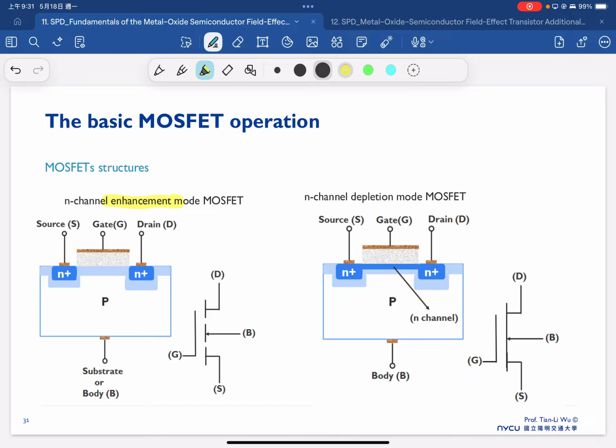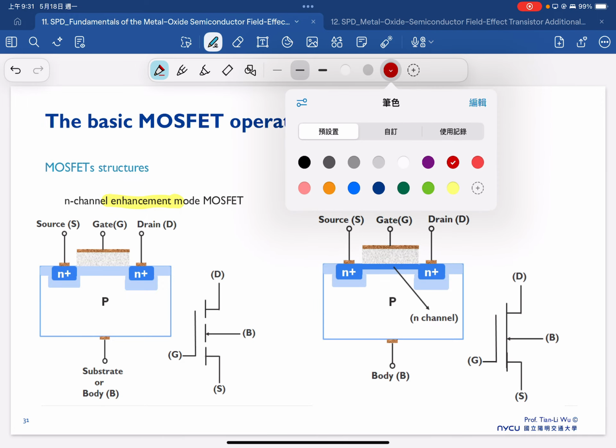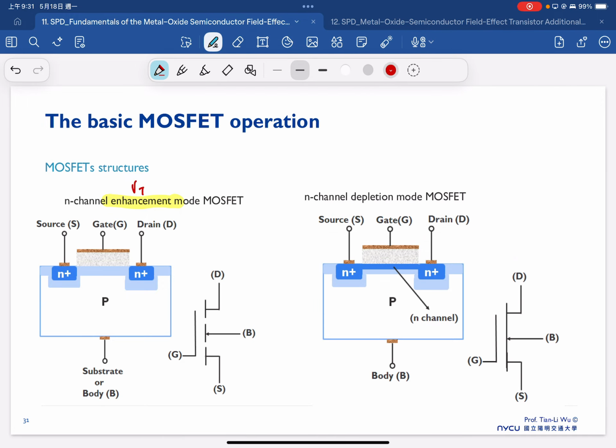The enhancement mode basically means that the threshold voltage is larger than 0. So the threshold voltage larger than 0, that's what we call an enhancement mode here.